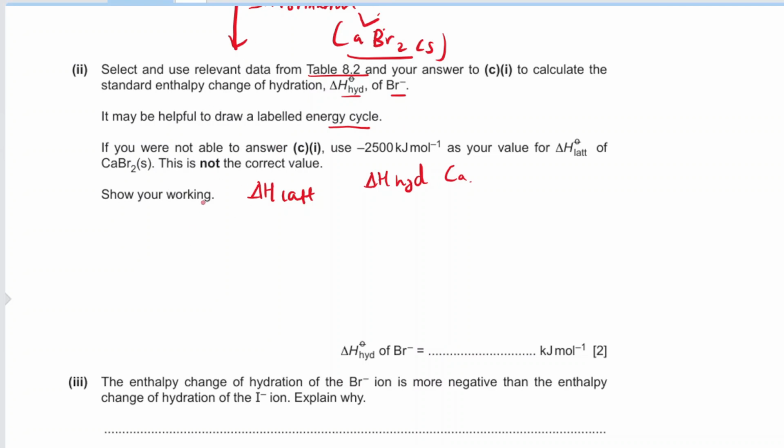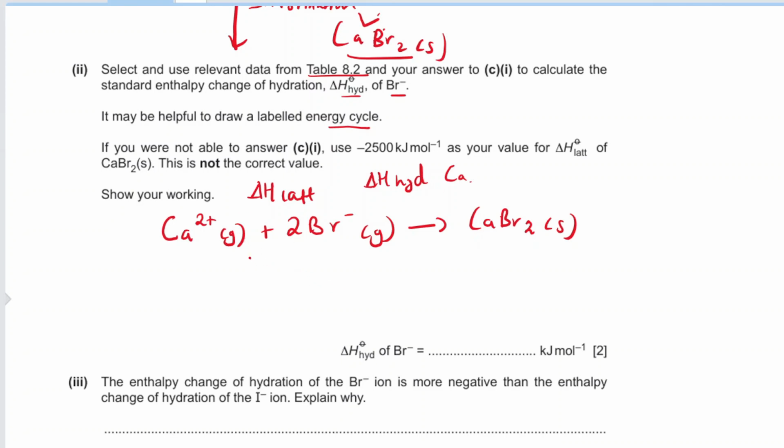So basically, you can have Ca2+ gas plus 2Br minus gas. I'm writing out the equation for the enthalpy change of lattice formation of CaBr2 as a solid. But we can have some intermediate over here so that we can get the hydration. Hydration means the gas is becoming aqueous.